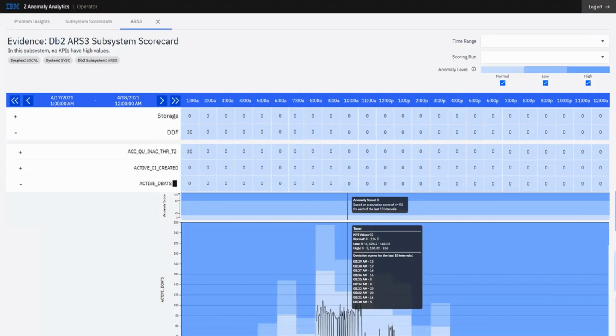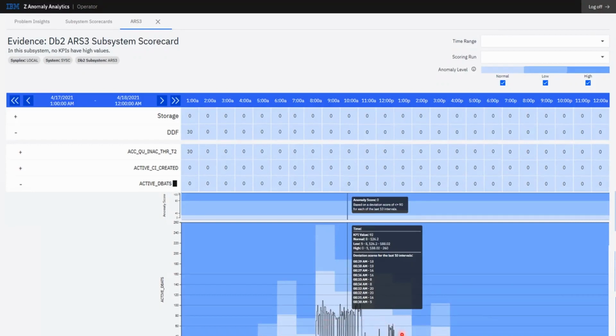We can see that during most of the day, the number of active DBATs is pretty low. We start to see a little bit of variance around 6 or 7 in the morning, and then we have a big flurry of activity around 9 a.m. But based on what the model looks like, this is expected, and this is what we would see on a typical day. So nothing to worry about as we see these wild fluctuations and high points during this period of time.